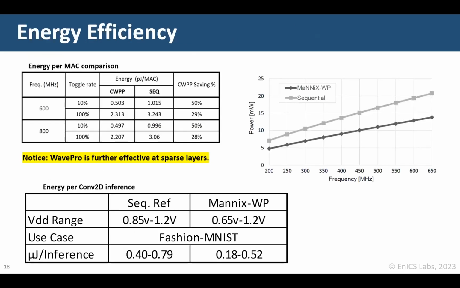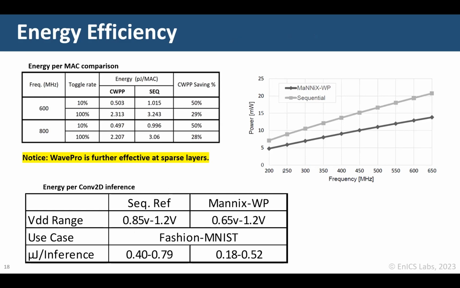Okay, so results in terms of energy efficiency. So essentially, power is proportional to speed, which makes sense. However, an interesting observation is that the more sparse the data is, the better the benefit.